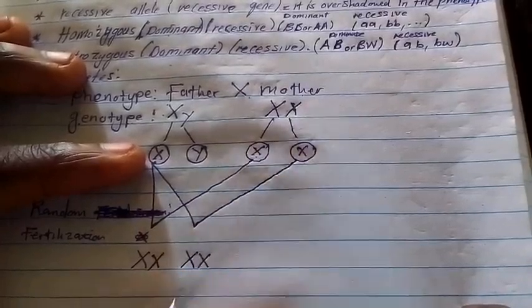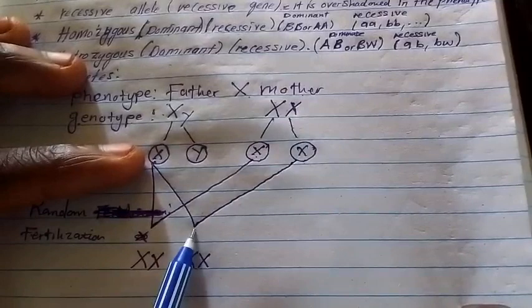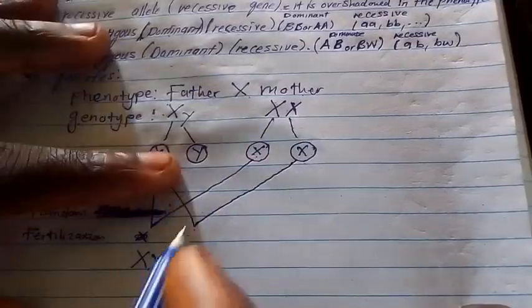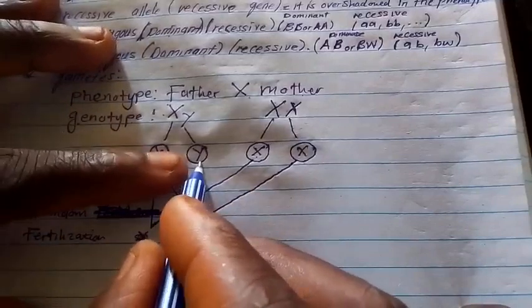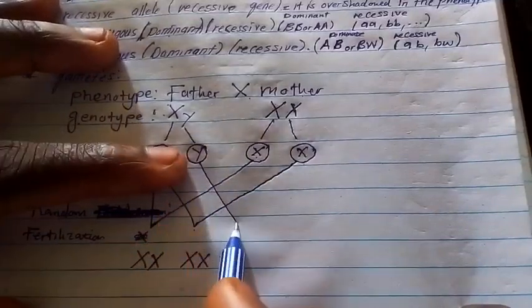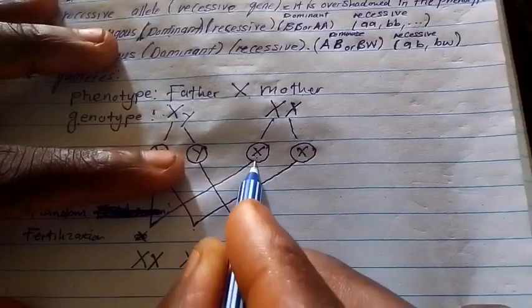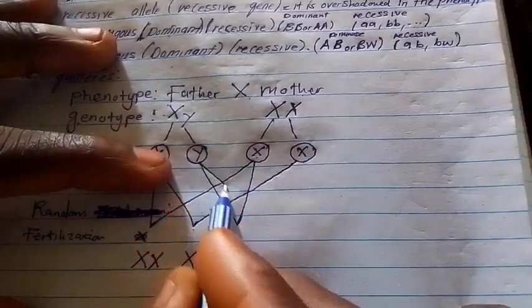Now let's come to Y. If this Y combines with this X, and also if this Y combines with this X, what is going to be formed?